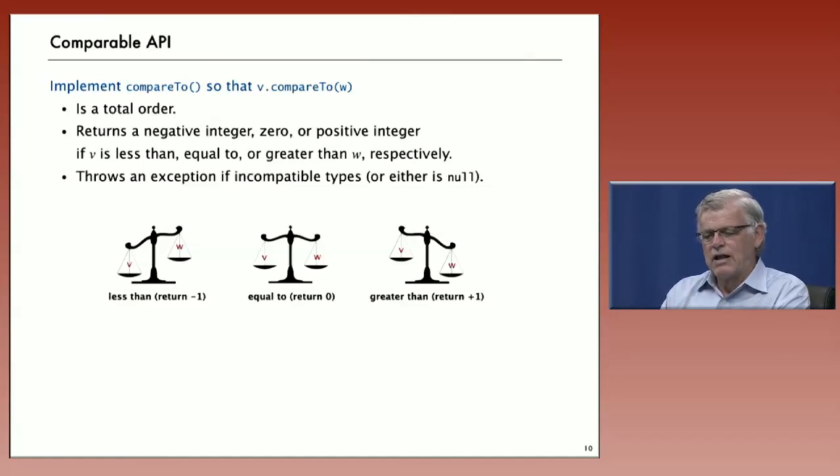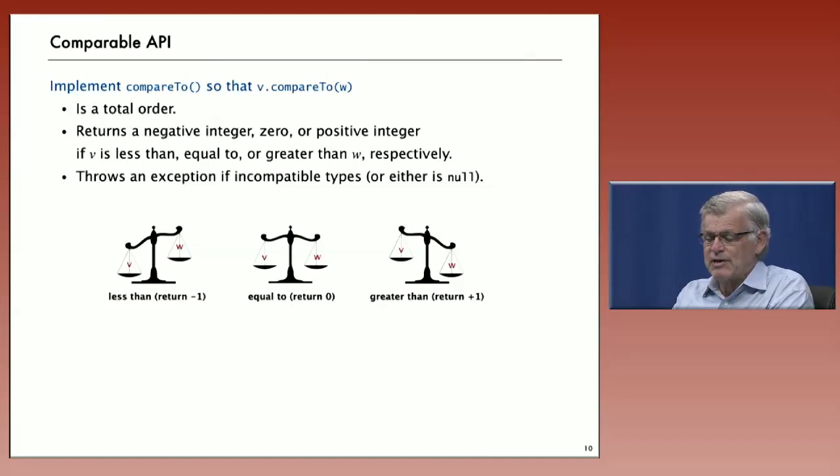All right, so the comparable API, then. By convention in Java, we always need to implement compareTo such that v.compareTo(w) is a total order. And also by convention, it returns a negative integer if it's less, 0 if it's equal, and positive if this object's greater than the object given as argument.